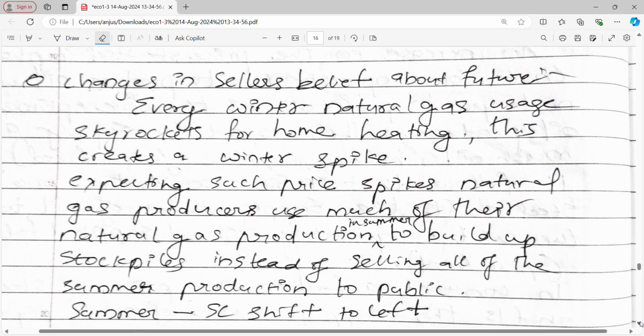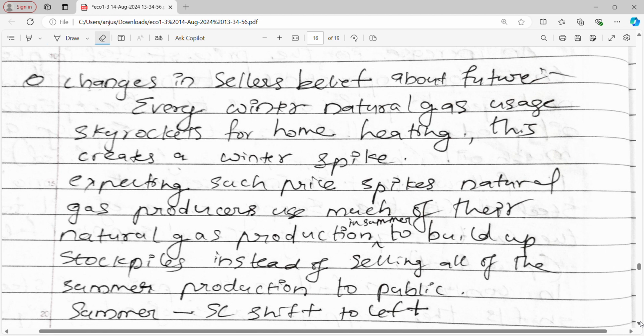Next is changes in sellers' beliefs about the future. As we studied about gold in the demand curve shifting, here we can study about natural gas. So consider the market price of natural gas. Every winter, natural gas usage skyrockets for home heating. This creates a winter spike in natural gas prices.